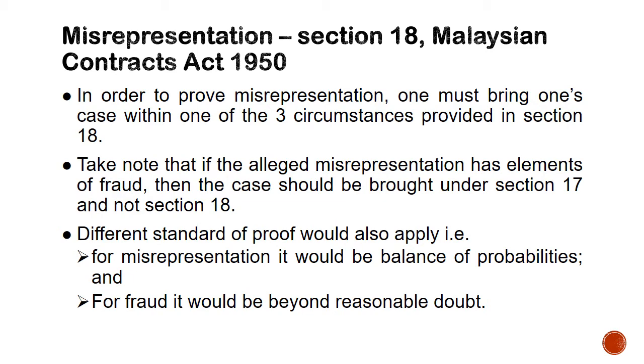Now, in order to prove misrepresentation, a person must bring the case within one of the three circumstances provided in Section 18. So if the misrepresentation has elements of fraud, 18 would not apply. If a claimant were to bring a case under 18, the defendant's counter argument would be to allege that there is fraud.